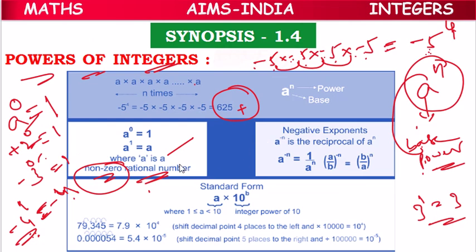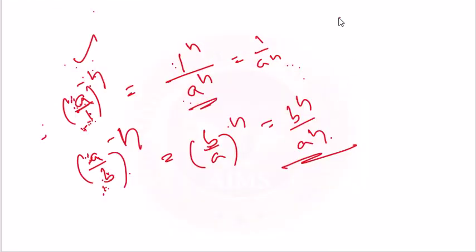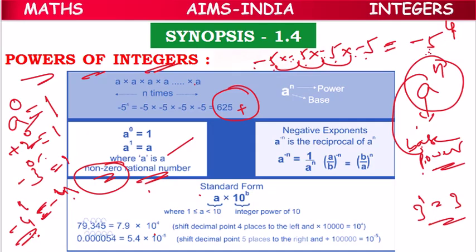Suppose we have bigger numbers like 79,345. The standard form of exponent should be written in terms of 10 powers, and the coefficient should be between 1 and 10.